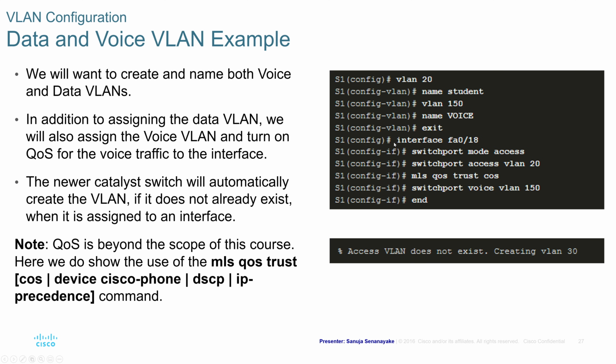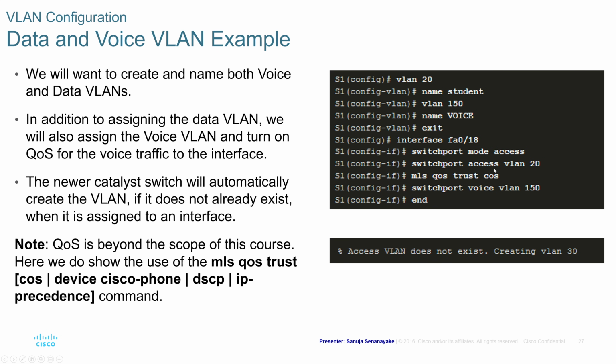Then we're going to enter the interface to which both of these devices are connected, the student computer as well as the student VoIP phone. In this case it is FA0/18. So we're going to go interface or INT FA0/18.